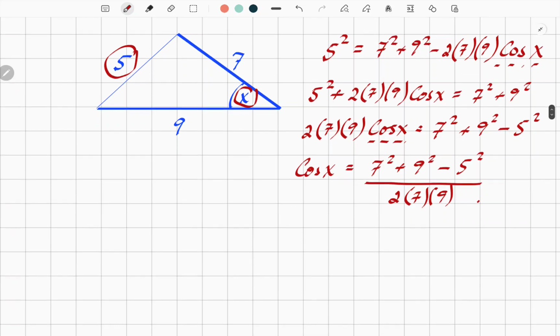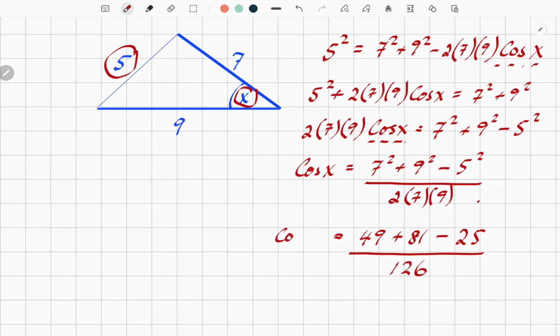So if I now actually do the calculation and simplify the whole thing, 49 plus 81 minus 25 over 18 times 7, 126.